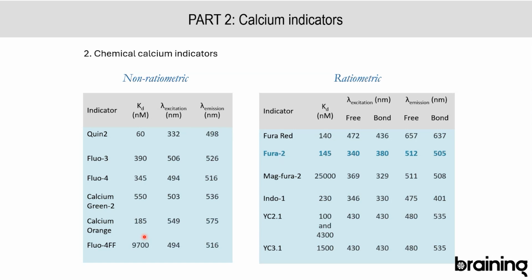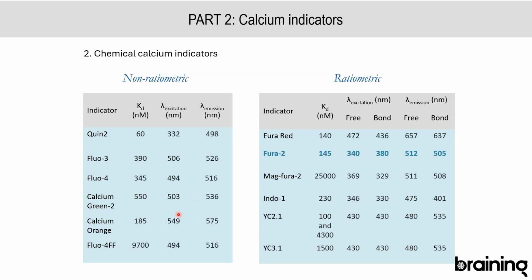So when we add one of these dyes to the cells, we have to think that the calcium that is released to the cytoplasm will bind to the endogenous calcium proteins, but it will also bind to these dyes that will work as buffers.